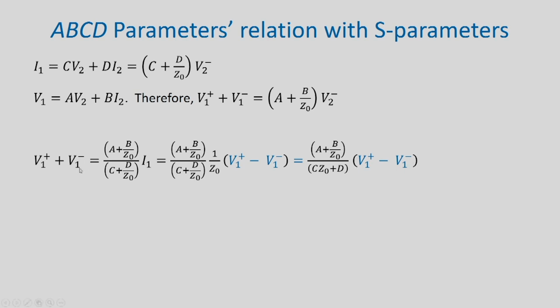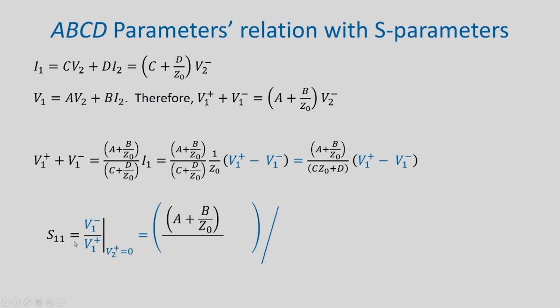So, once we have this expression, now we can rearrange. We can take all V1 plus terms to the right hand side and V1 minus terms to the left hand side. So, if we rearrange these terms, we can write S11, which is V1 minus divided by V1 plus.